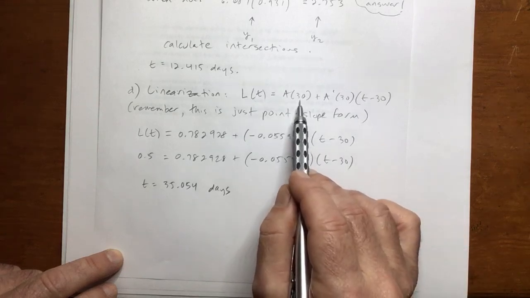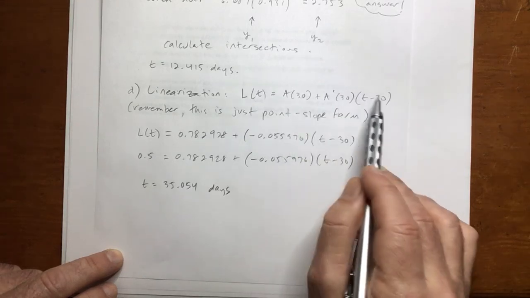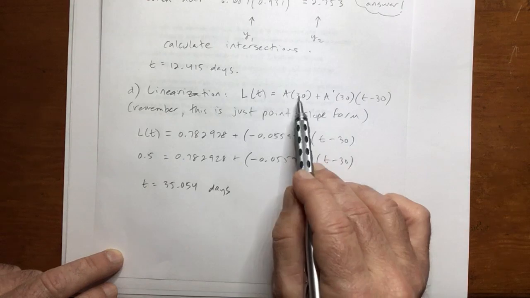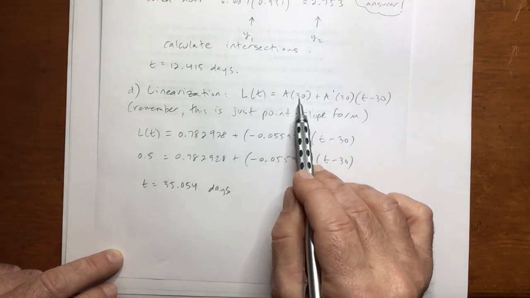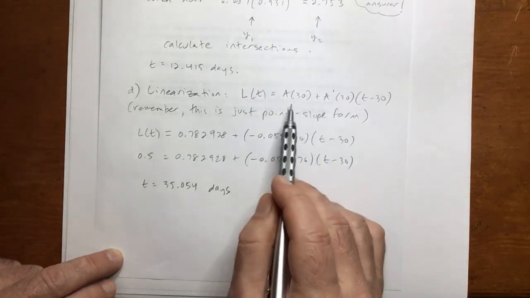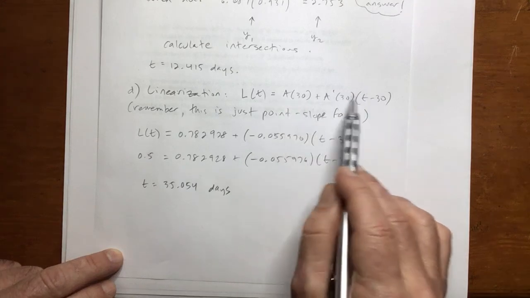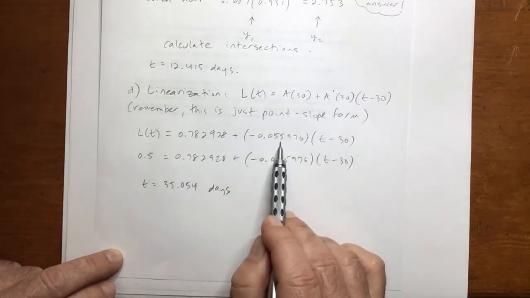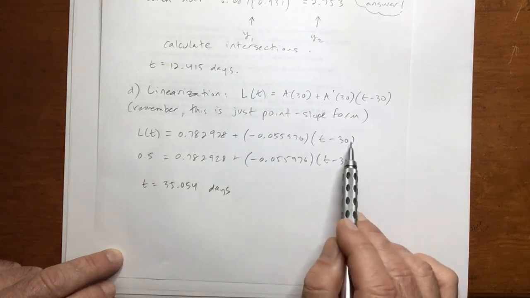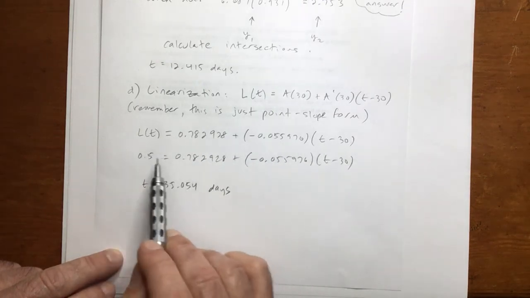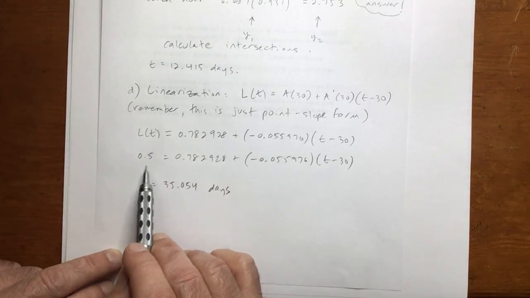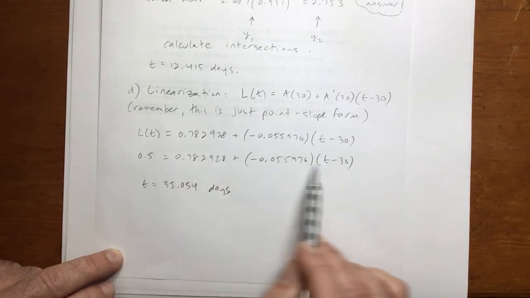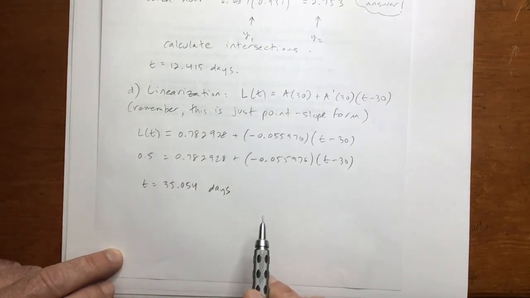Okay, your y and x right here are your t value and the A of that t value. Okay, and so this is a calculator problem to find this and this. So we do. And now we have our linearization. And you want to know when will L of t be 0.5. And so just quickly solve.